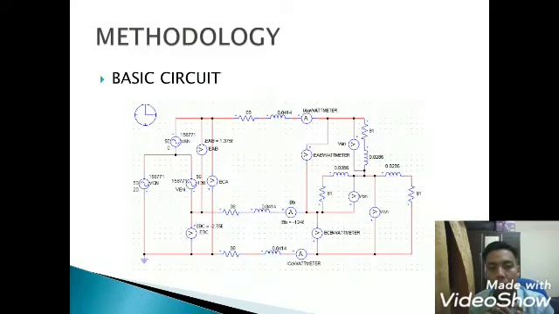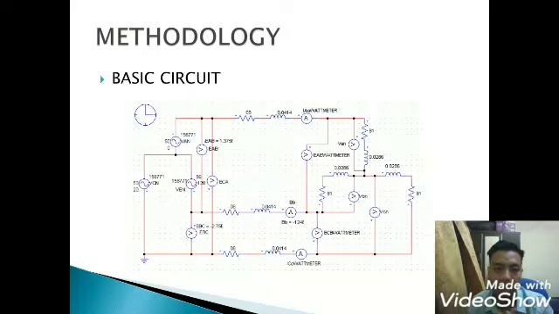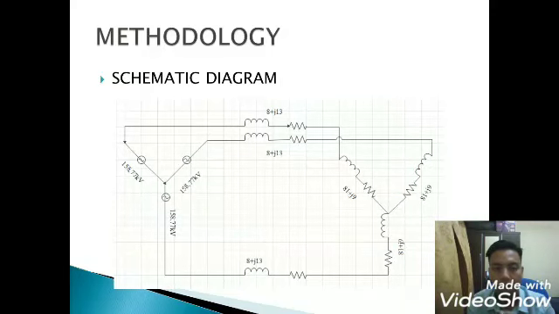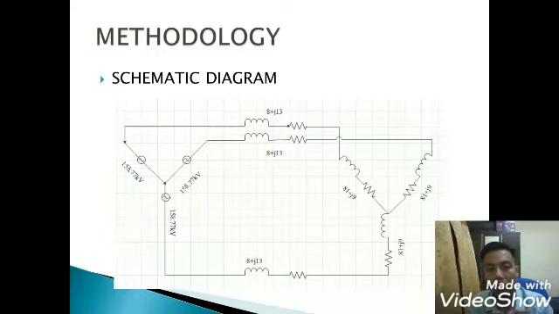This shows the basic circuit in the system simulation. This is the basic circuit. And then this is the schematic diagram. We use the eDraw software to draw the schematic diagram.